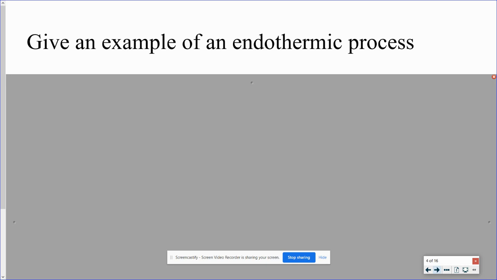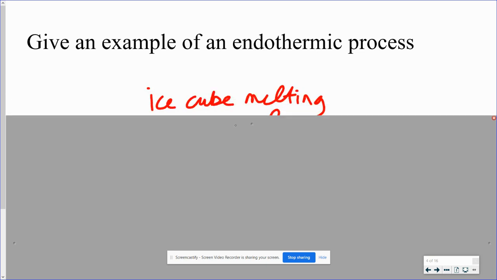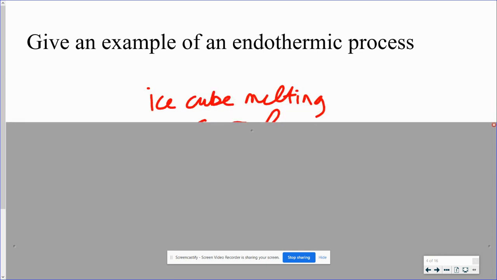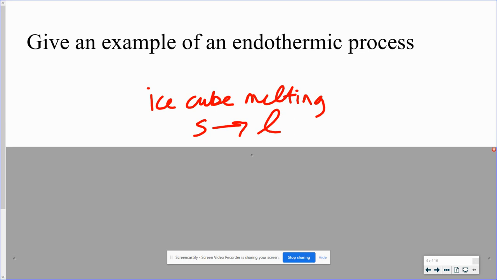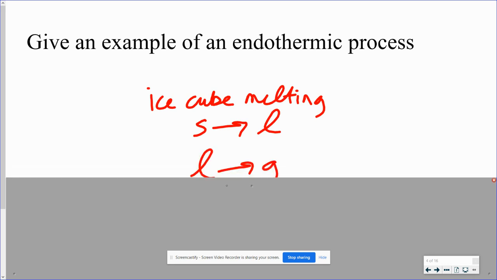An example of an endothermic process is anything where heat's being put in to make it happen. Like an ice cube melting, heat has to go in to make that ice cube melt. Anytime you're taking a solid to a liquid, anytime something is melting, that's endothermic, heat's going in.